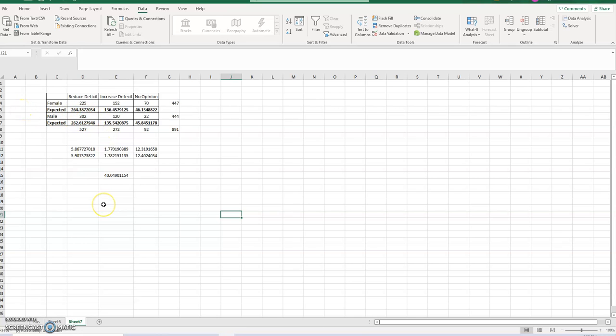And what you have to do here in order to compute your chi-square value is, first of all, you have to find the expected numbers of females that want to reduce the deficit and so on, based on the row totals, 447 for the first row, 444 for the second, and the column totals.